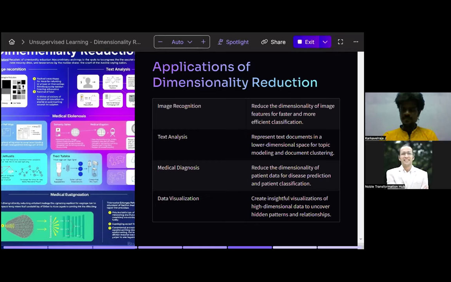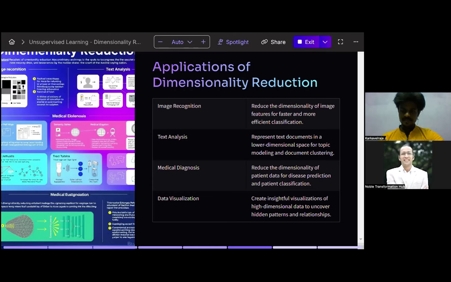Yeah. So applications of dimensionality reduction. We can use it in image recognition, reducing the dimension of image features for faster and more efficient classification. Then we can use it for text analysis, representing documents in a low dimensional space for topic modeling and document clustering.